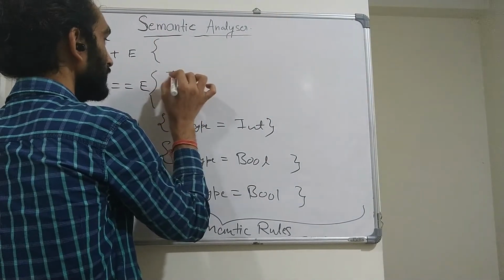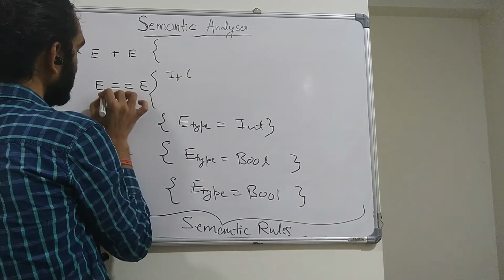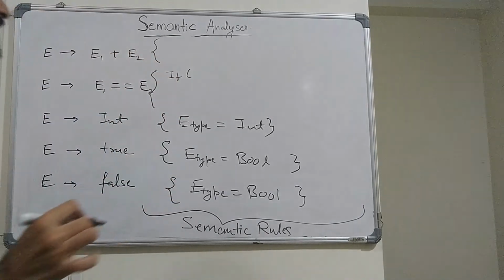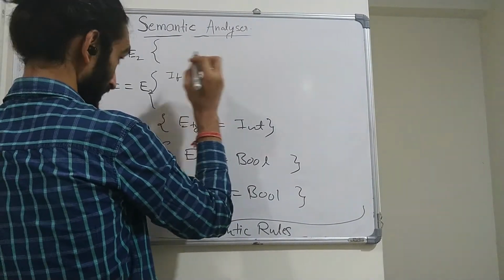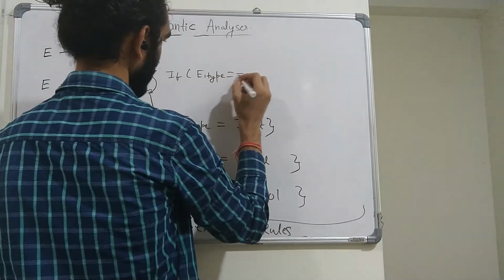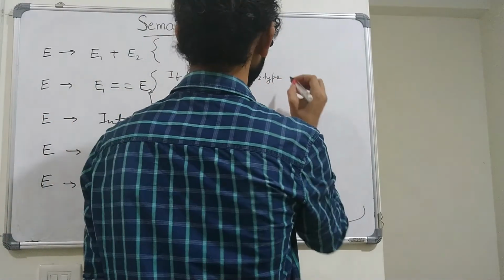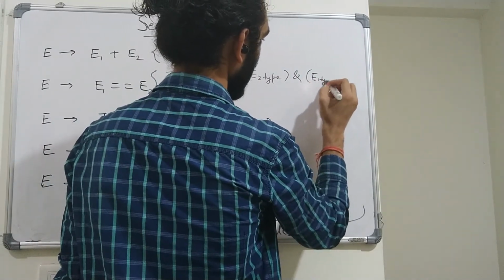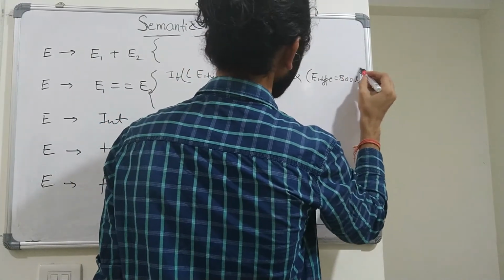Now here I need to check this information, so I am using a boolean bracket here also. So what I am going to use here is an if condition, which is going to verify, and now I am going to differentiate these instances of E. Same here, I am going to differentiate these instances of E. Right? Now E1, if E1 dot type is equal to E2 dot type, right? And E1 dot type is equal to bool, right?